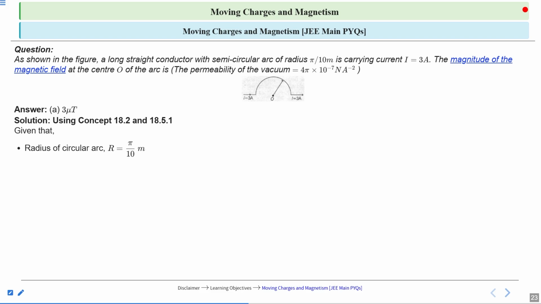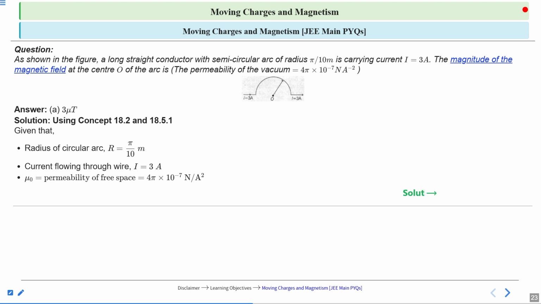So what is given? Radius of the circular arc r equal to pi by 10 meter. Current flowing through the wire I equal to 3 ampere. Mu naught, the permeability of free space, is given as 4 pi into 10 raised to minus 7 Newton per ampere square. These things are given.